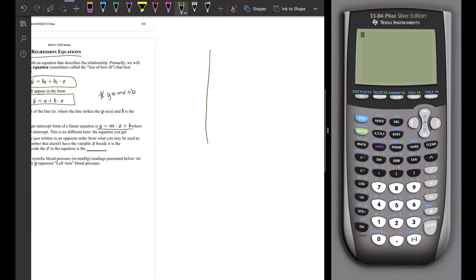So whenever you have your equation, let's say this is your line right here, y equals mx plus b. Well, the b is where your line would hit if it went back to the y-axis. It's the point (0, b). So that's your y-intercept for your linear equation if you were to graph it.